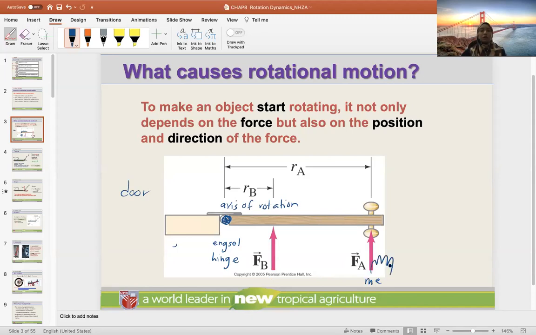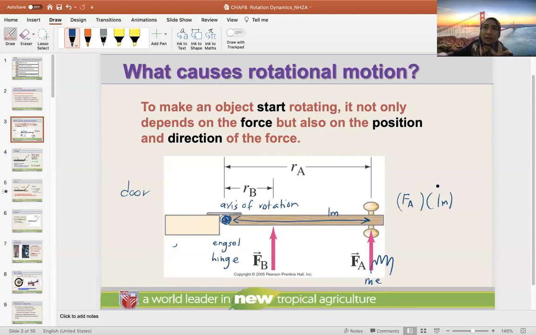The length from the axis of rotation is how long is my door? I think it's 1 meter. So I am applying force A with a length of 1 meter from the axis of rotation.